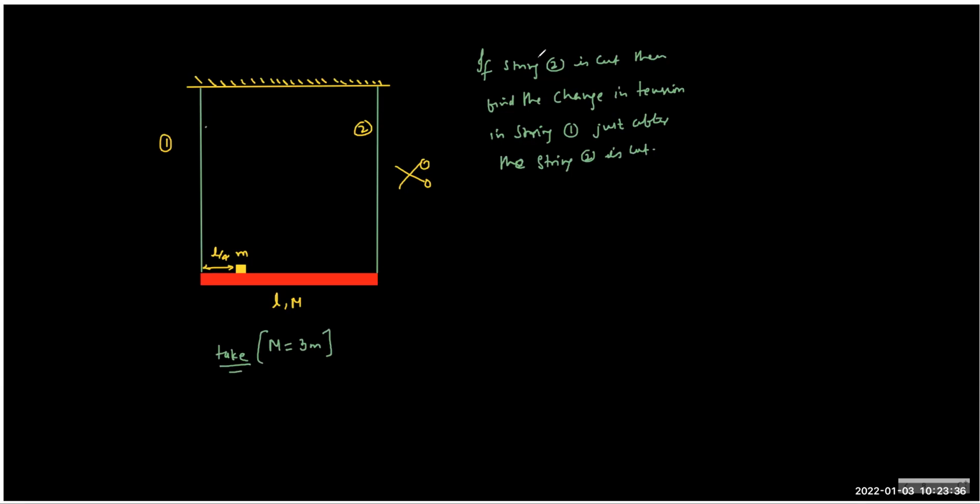So when we cut the string 2, both mass m and 3m will fall independently now. So m and 3m will have no resistance.